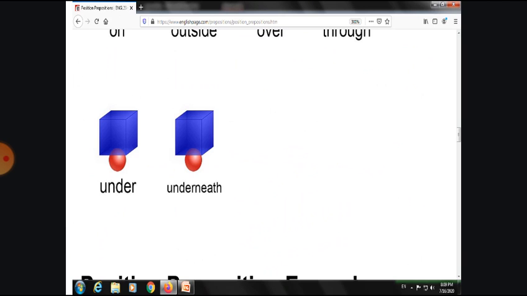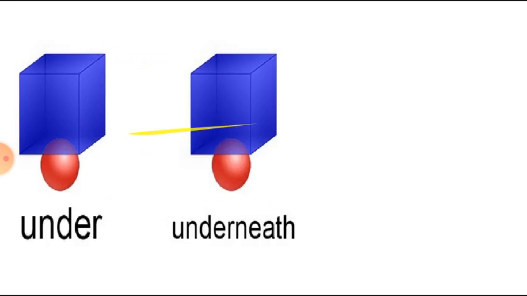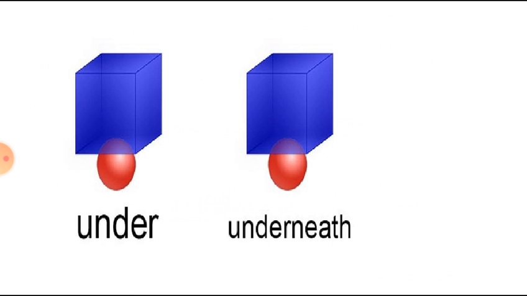So this is another example. And here in these two examples, what you see, under as a preposition is used, and you should learn that under as a preposition is used to show less than. So whenever you have to show something is less than, then again you can use under. So this is about under.